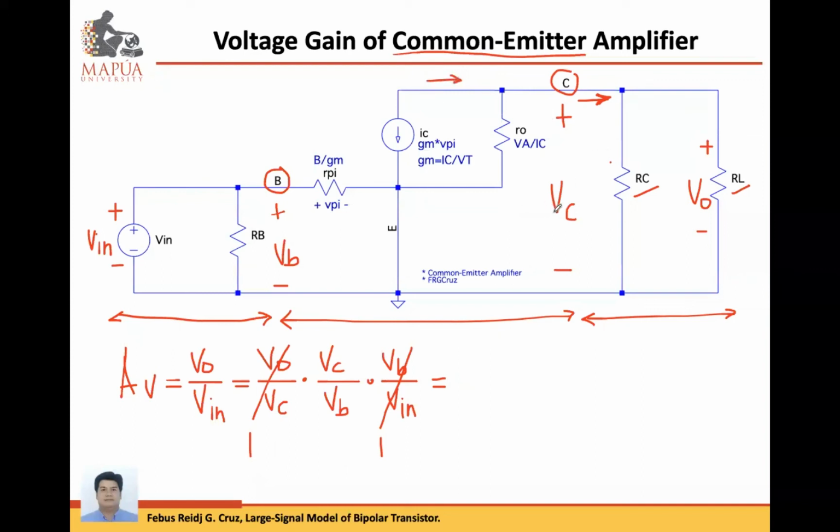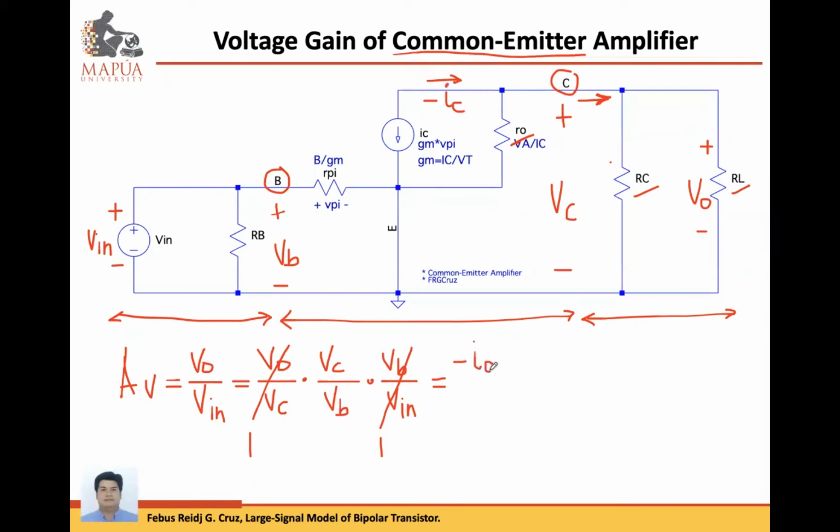We can say that the collector voltage is across RC, RL, and actually yung R out nakaparallel din, no? They are connected to collector and ground. So you have three parallel resistors, and the current flowing through those parallel resistors is the negative of the collector current. Nasundan ba?